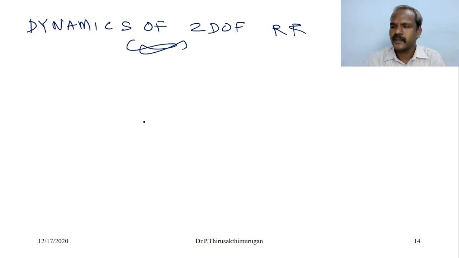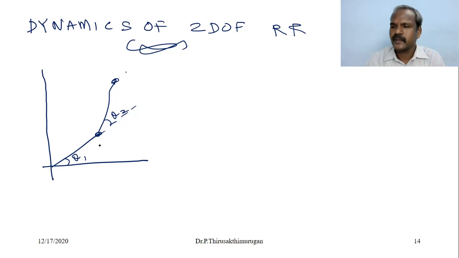So the kinematics of the RR robot, you know the components of a 2 degree of freedom robot. This is angle theta 1, this is angle theta 2. Clear?